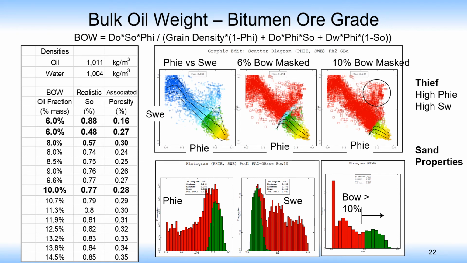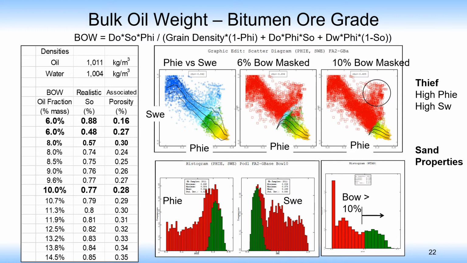To calculate bulk oil weight, it's the density of oil times the saturation of oil times the porosity. That's 1 minus SW. You've got the grain density, which could be from the bulk density curve if you want, but it doesn't make much difference, constant versus the density curve.